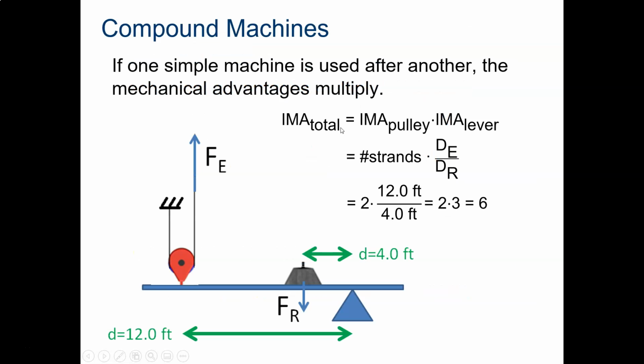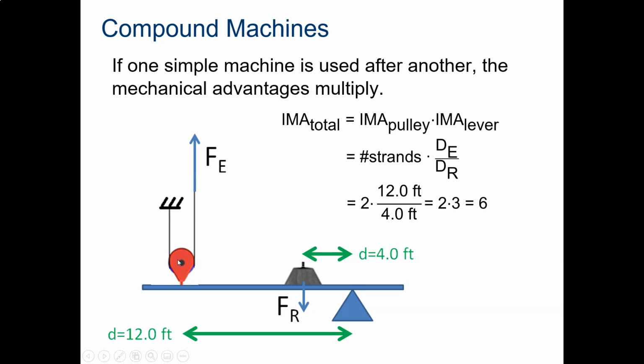Okay, compound machines. If you have more than one simple machine working together, you've got a compound machine. And to calculate the overall ideal mechanical advantage of the machine, you just multiply the ideal mechanical advantage of the one machine by the ideal mechanical advantage of the other machine.